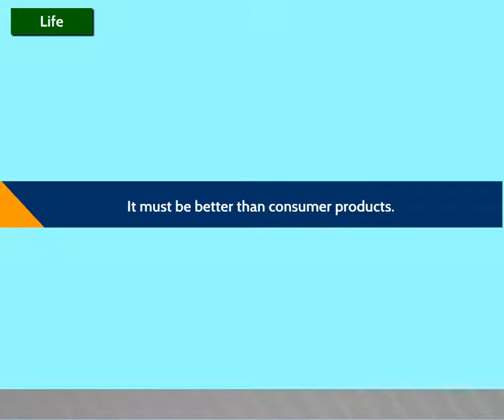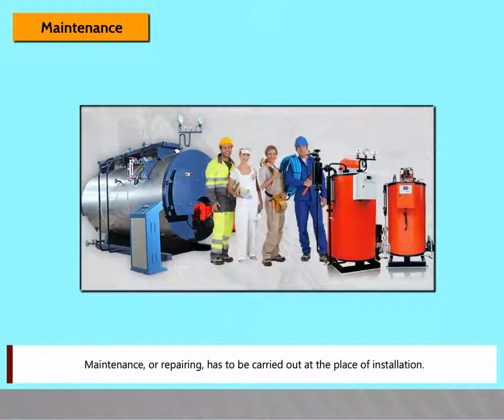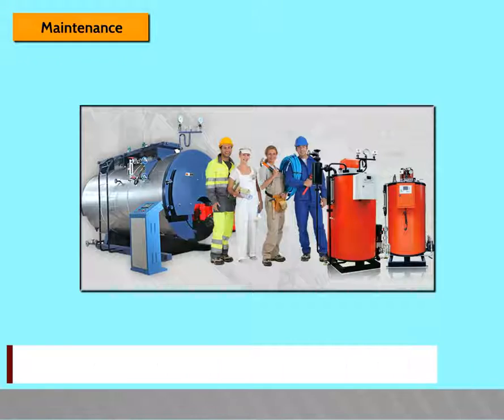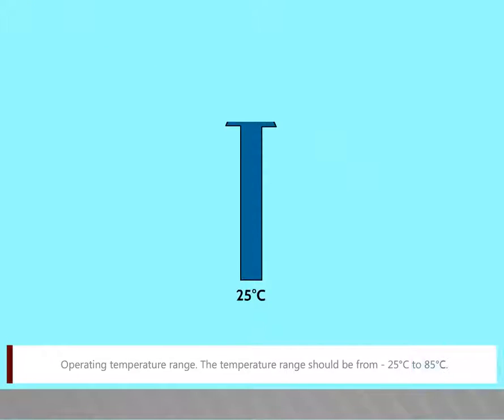It must be better than consumer products. Maintenance. Maintenance or repairing has to be carried out at the place of installation. Operating temperature range. The temperature range should be from 25 degrees Celsius to 85 degrees Celsius.